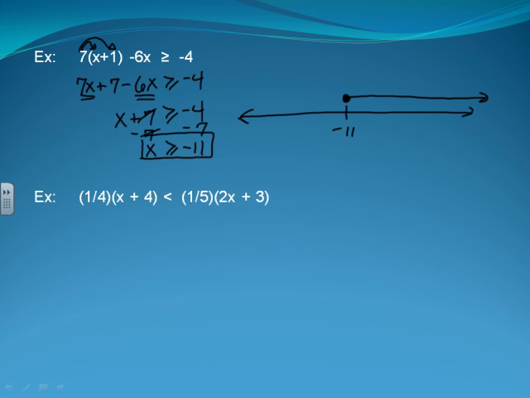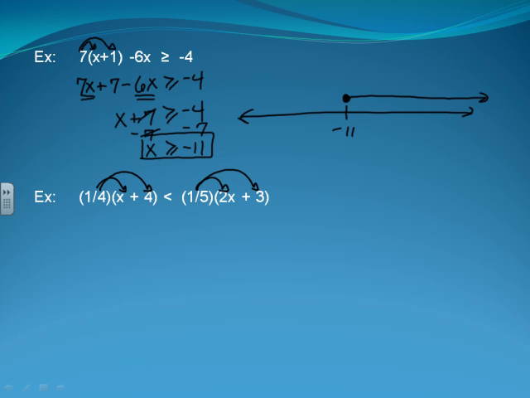Next problem, 1/4 times the quantity x plus 4 is less than 1/5 times the quantity 2x plus 3. Again, you want to distribute that 1/4 and that 1/5 to the group that follows it using the distributive property to get rid of any groups. So I'm going to write that out longhand since we've got fractions.